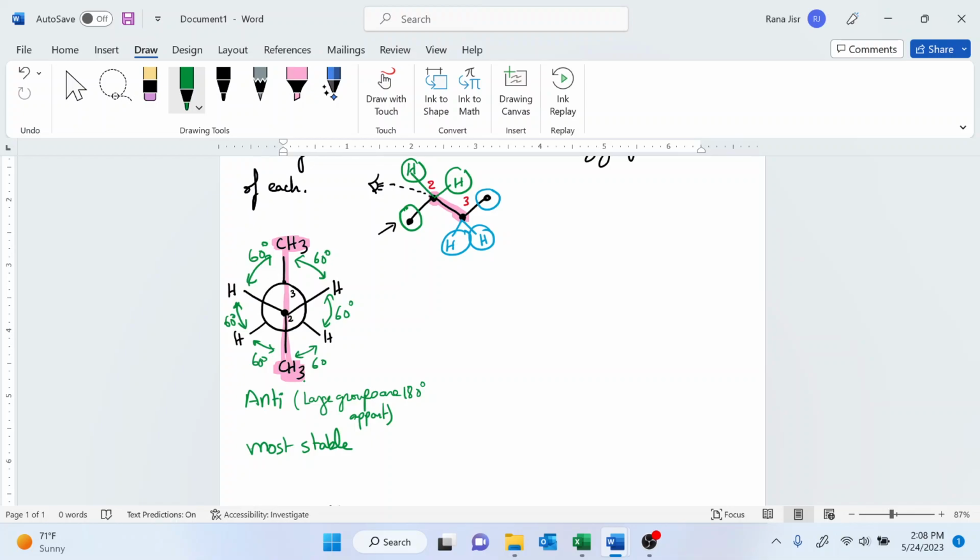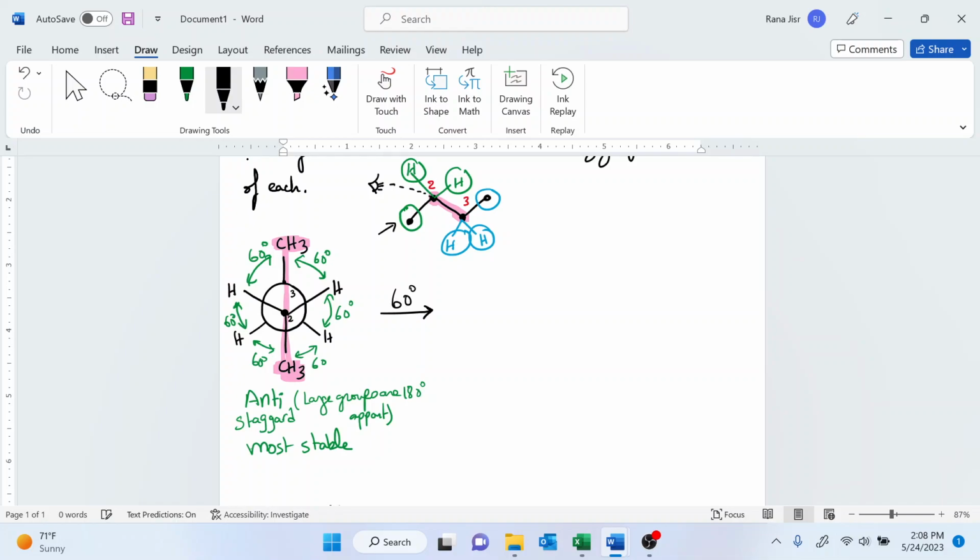Once you draw your staggered conformation, this is the anti-staggered conformation. Now we're going to start rotating. To rotate, we fix one carbon and rotate the other carbon. I'm going to fix the carbon in front and rotate the carbon at the back.